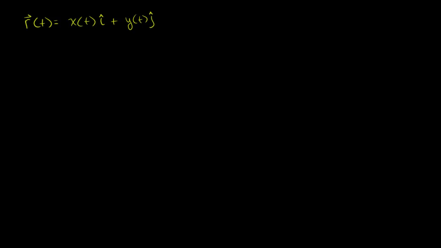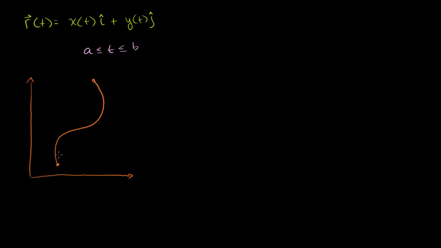And let's say that this describes a curve, between t is between a and b, and this curve will look something like, let me do my best effort to draw some random curve here. So let's say the curve looks something like that.